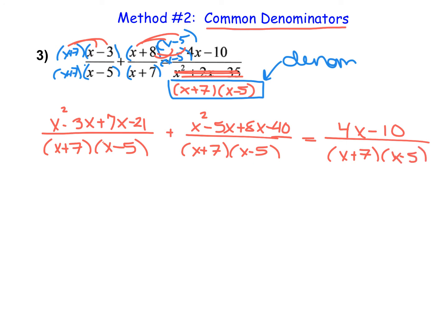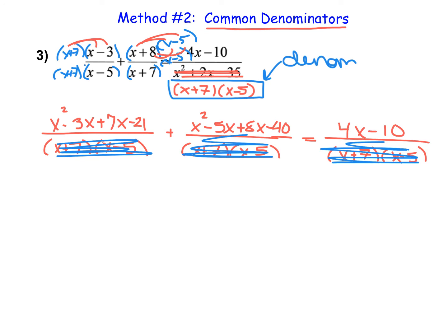So here, because I have common denominators in every single fraction, I can now essentially ignore them, add the two numerators together, and set them equal to the numerator on the right-hand side of the equation. So I'm going to start adding these together as I go. Here I see I have an x squared and an x squared, so on the left-hand side, I have 2x squared.